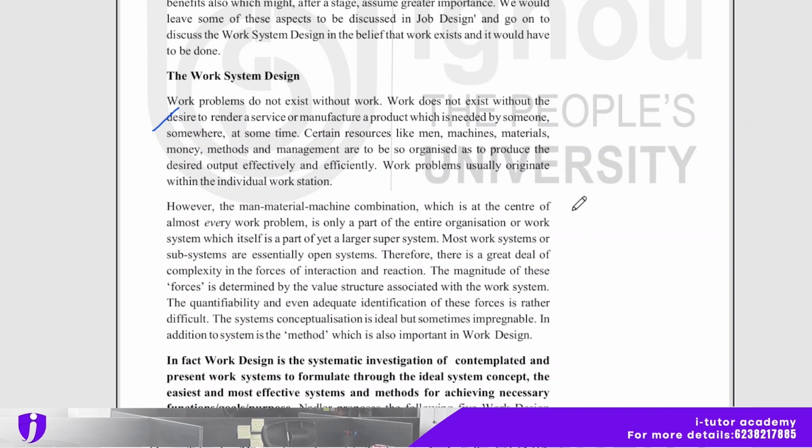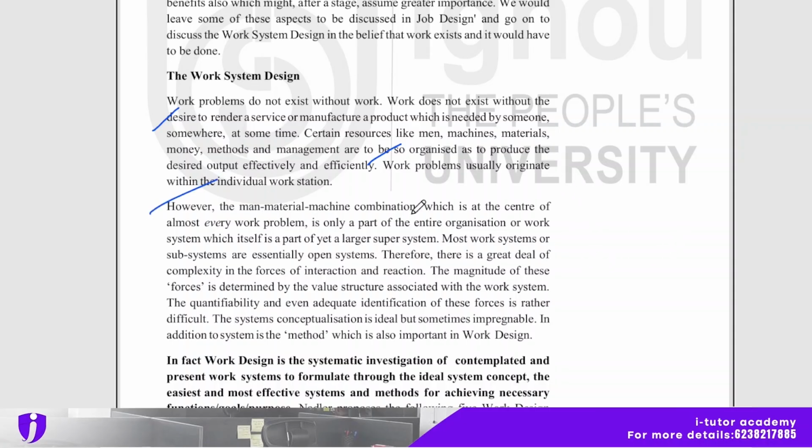Certain resources like men, machines, materials, money, methods, and management are to be so organized as to produce the desired output effectively and efficiently. And work problems usually originate within the individual workstation.